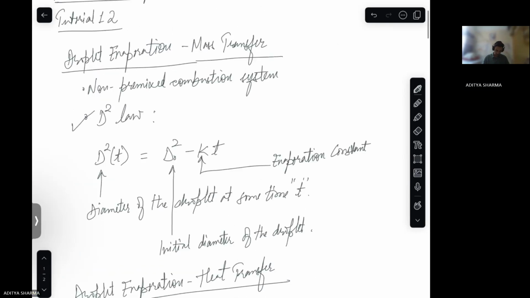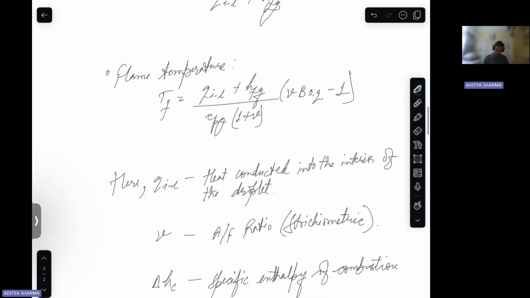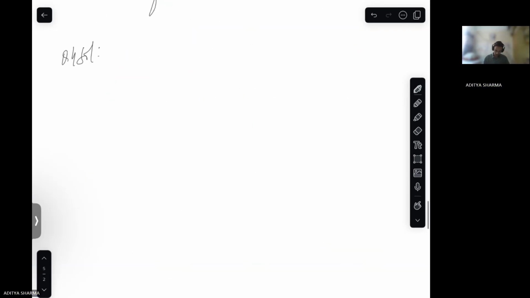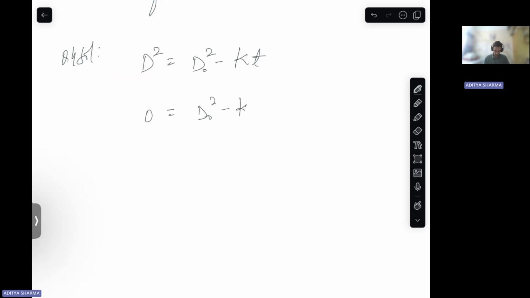Okay, I was writing the expression wrong. So d square is d naught square minus kt. It is like this. So this will become 0 and this will become kt. Then your t becomes d naught square by k. So this is your expression for droplet lifetime. Okay.